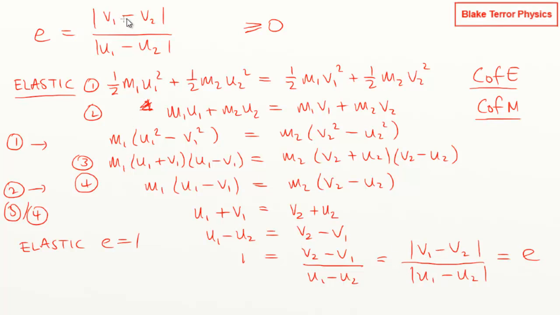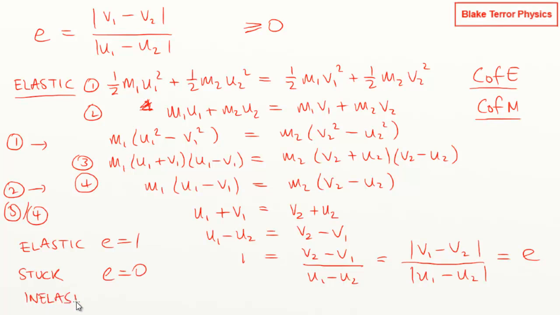We've got E is equal to 0 if they've stuck together, and that doesn't satisfy this condition for an elastic collision. So we know that E is 0 if they've stuck together, and that is inelastic. But anything that gives us an E that isn't 1 is going to be inelastic, because we've shown it must be equal to 1 for elastic collisions. So stuck together, E is 0.